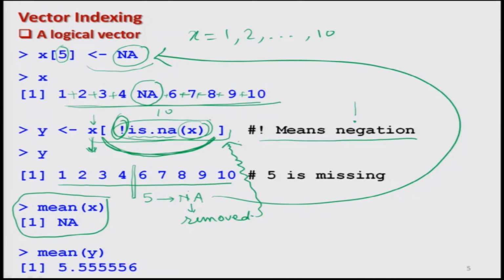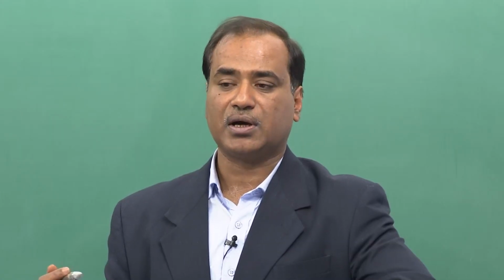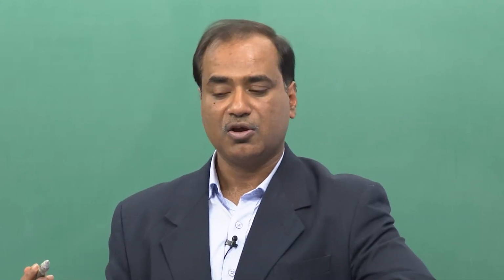And now I am simply trying to find out the mean of all the values which are contained in the y vector, and this comes out to be 5.55. So, you can see here, just by manipulating the index using a logical operator, we can obtain different types of outcome.